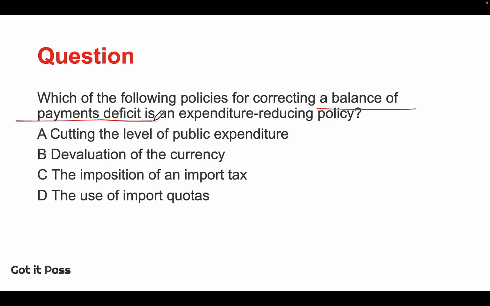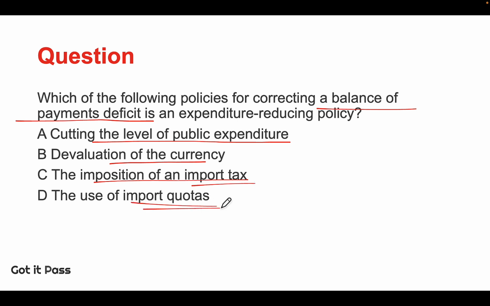There are 4 options. First, cutting the level of public expenditure. So cut all the public expenditure in the economy. Second is devaluation of currency, which is about exchange rate. Third one is the imposition of import taxes. And the fourth one is about import quotas.